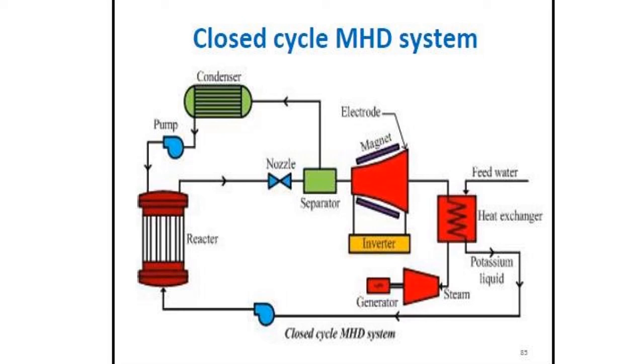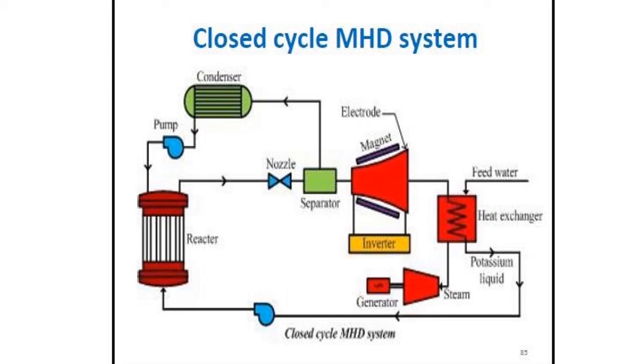repeats. From the separator, the separated liquid metal, which is with high velocity, is passed through the MHD generator. So the separated portion is given to the MHD generator, and the remaining part is given to the condenser. And from the condenser, through the pump, to the reactor, the process repeats.